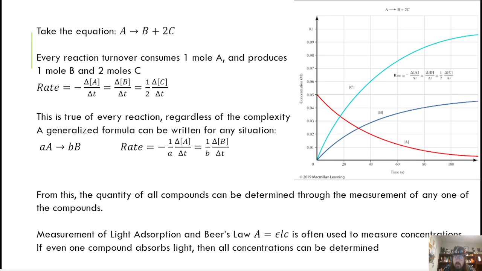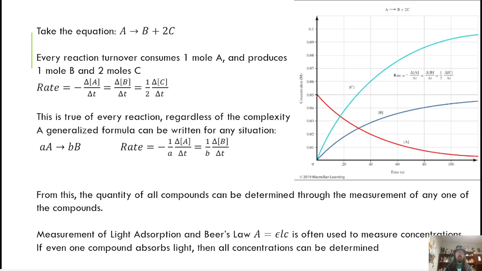As we will learn later, we cannot assume too much about this chemical reaction. We know that every time 1 A goes away, it forms B and then 2 C, but how it does that is not directly obvious based on this chemical reaction.